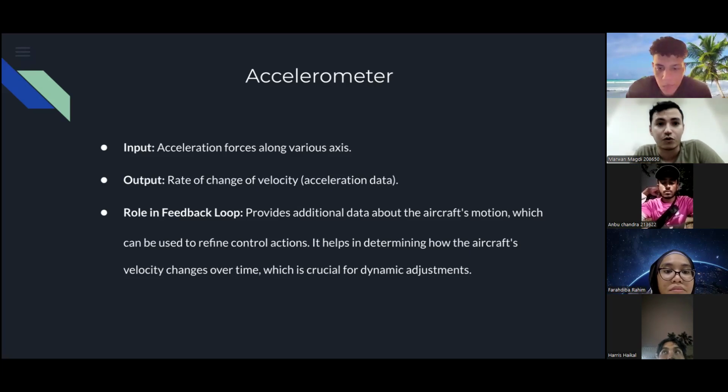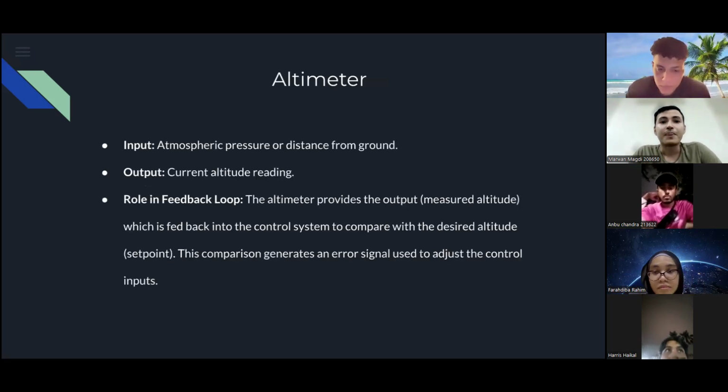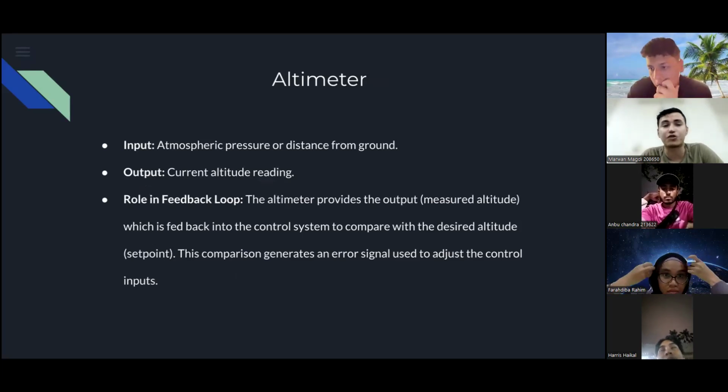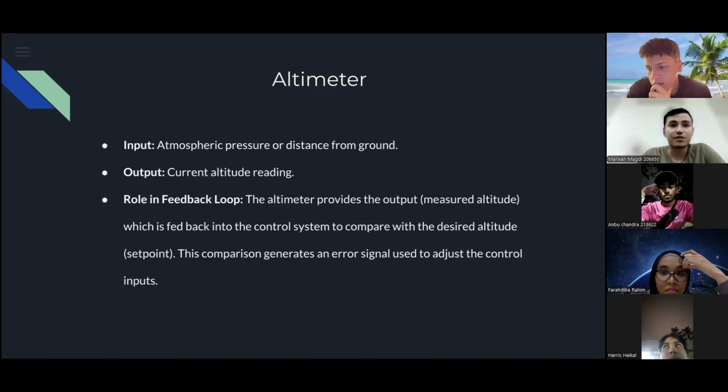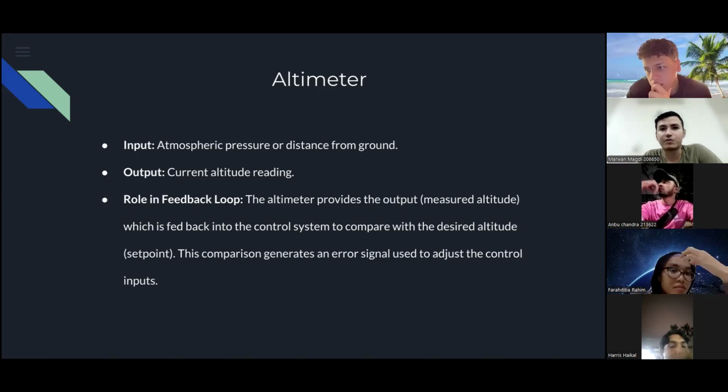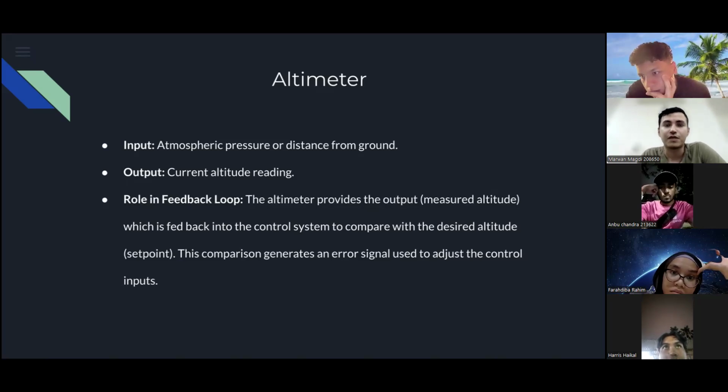Next slide, for the altimeter. It's responsible for providing the altitude readings by measuring different atmospheric pressures, similar to the pitot tube. The altimeter's output serves as a key input for the control system.